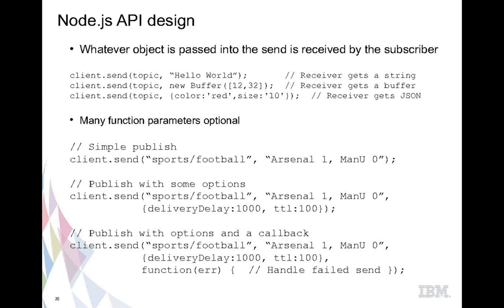So we have three kinds of message sends here. One sends as a string, the second one sends it as a buffer, and the third one sends it as a JSON object. So again, client.send, from the MQLite samples that we provide.